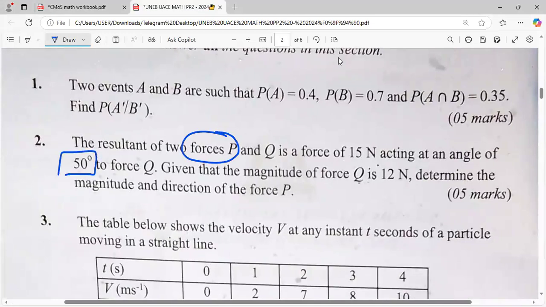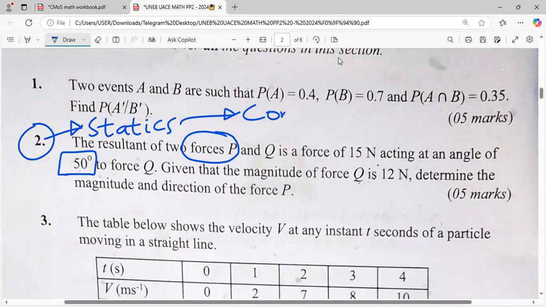That means, like it or not, we have to do some resolving. So this one falls under composition and resolution of forces, which is statics. We're even talking of the resultant.